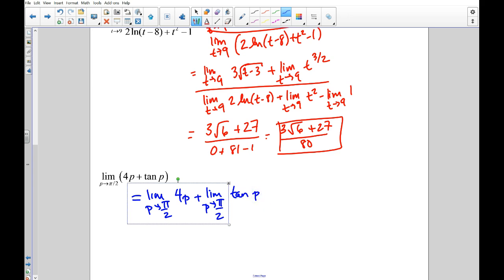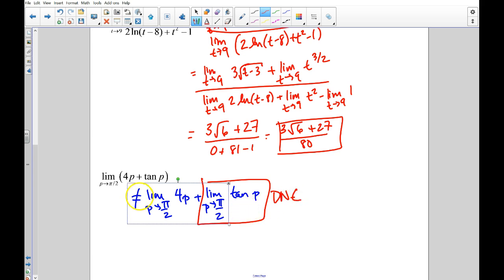That's our instinct, but this cannot happen simply because of this second part. This limit does not exist. Tangent of p has an infinite discontinuity, so it has a vertical asymptote at pi over 2. One side approaches infinity, the other side approaches minus infinity, so this one does not exist.